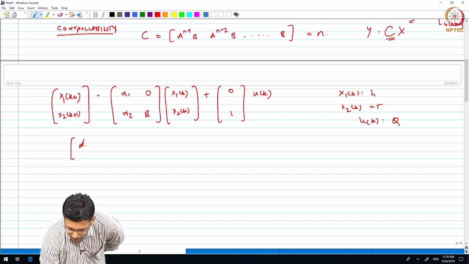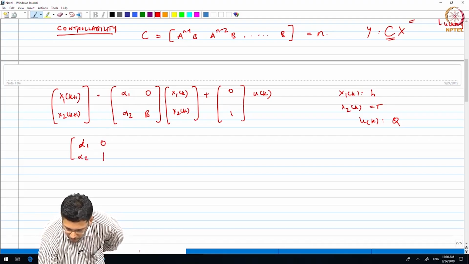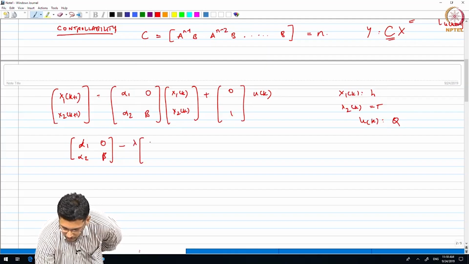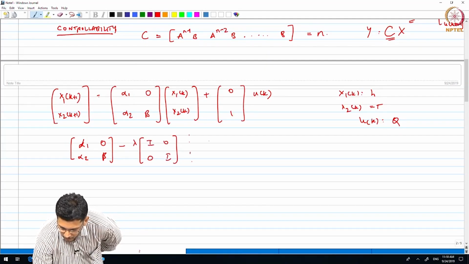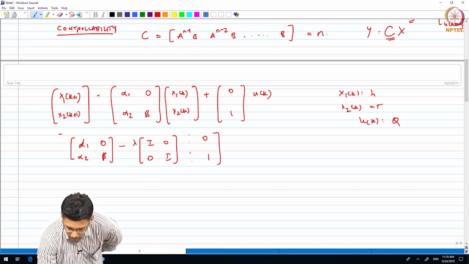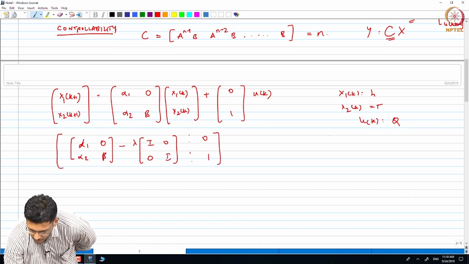The Hautus condition says A minus lambda I. So A is 0 1, alpha 1 0, alpha 2 beta, minus lambda times I, and B is 0 1. We have to find lambda, which is alpha 1 and beta.